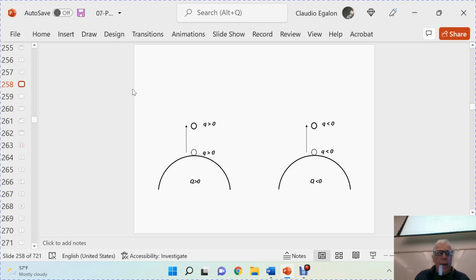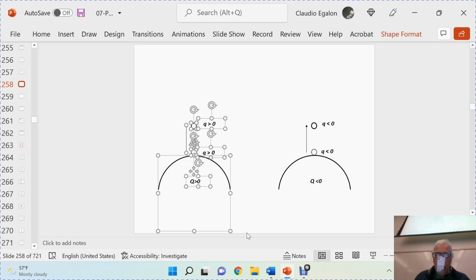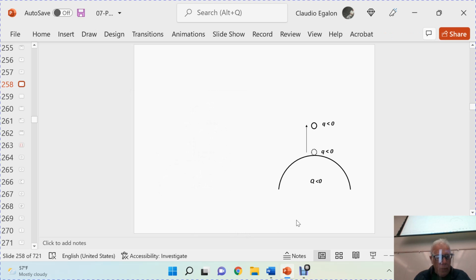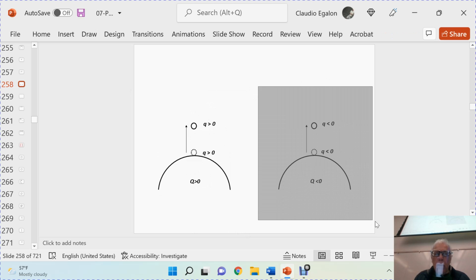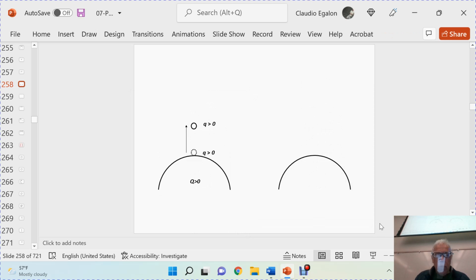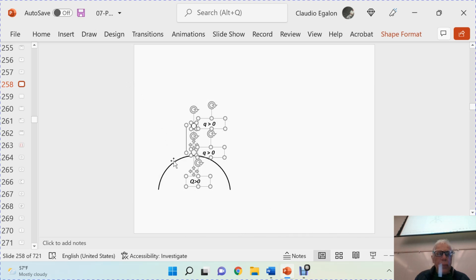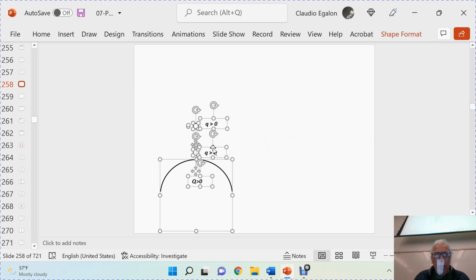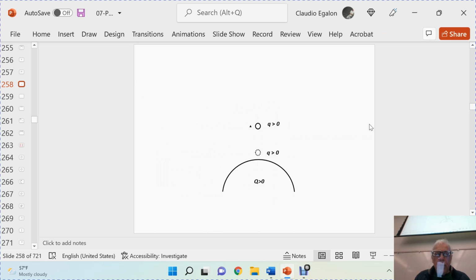So let's say it doesn't have to be a charge that's much larger or much smaller. We have two charges, right? Let's say this charge is initially at this position.